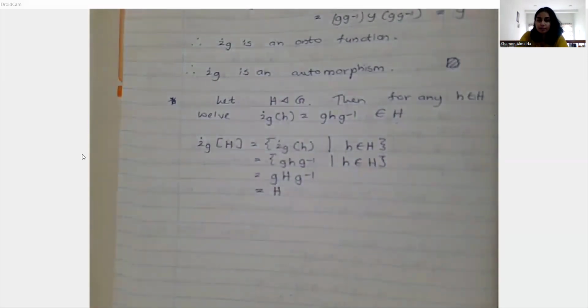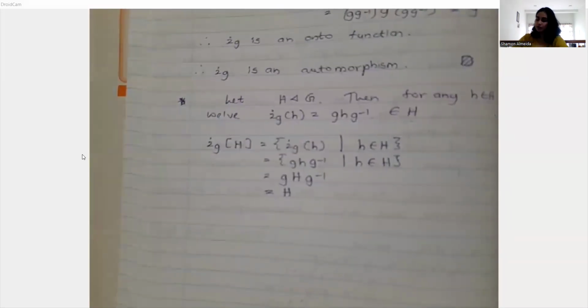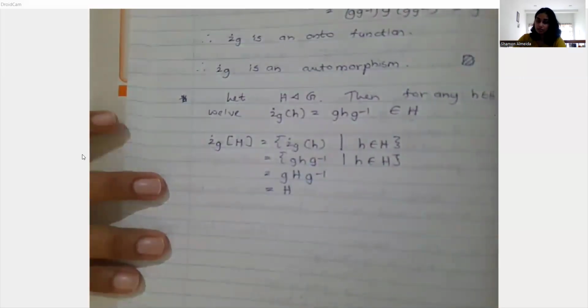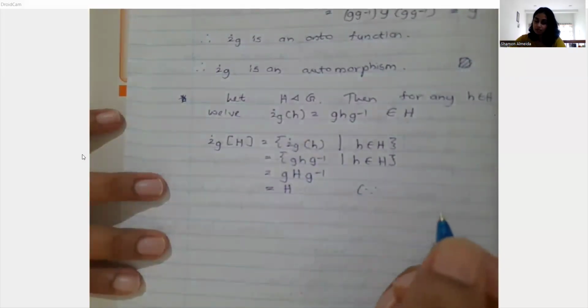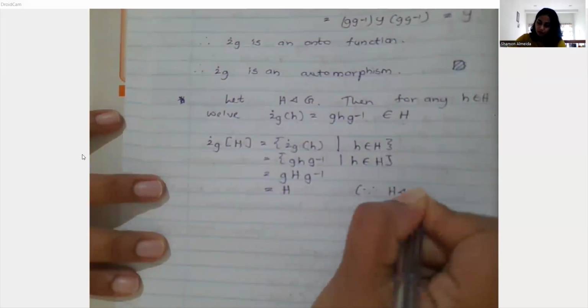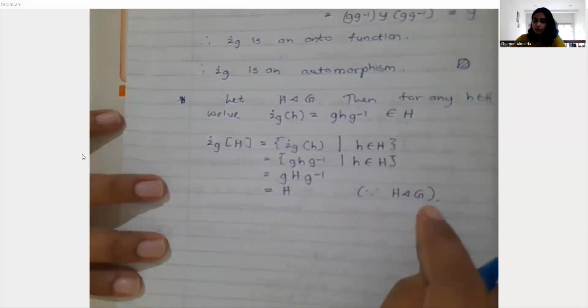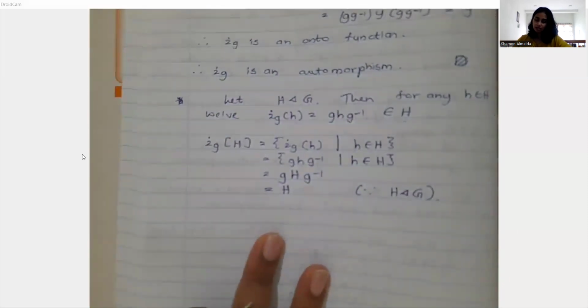Why is that? Why do we have this set equal to H? Because H is a normal subgroup in G. When H is a normal subgroup in G, we know that g H g inverse or even g inverse H g is equal to H. We have proved this theorem also in a previous lesson.